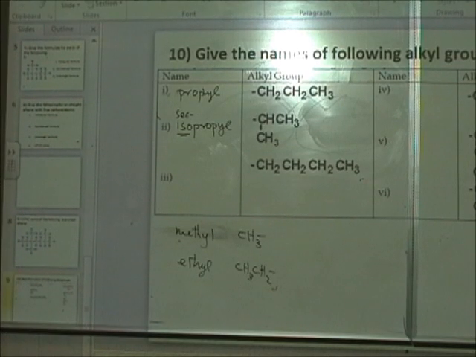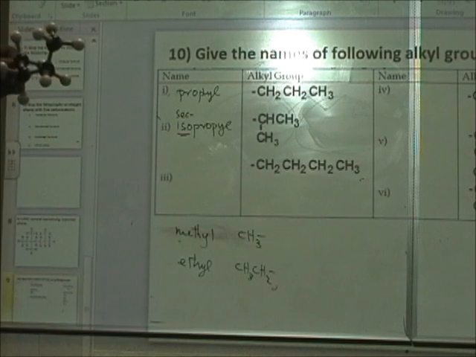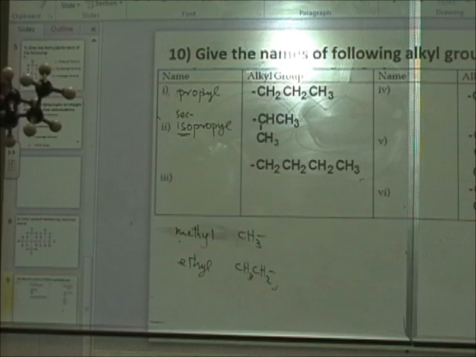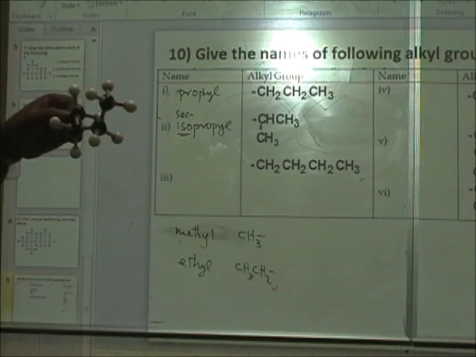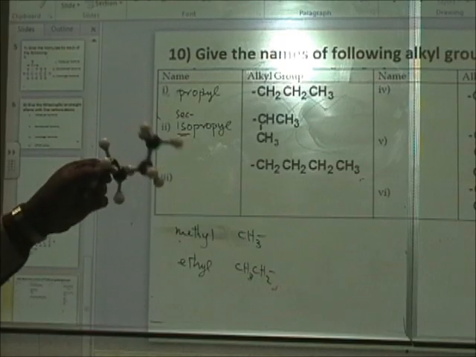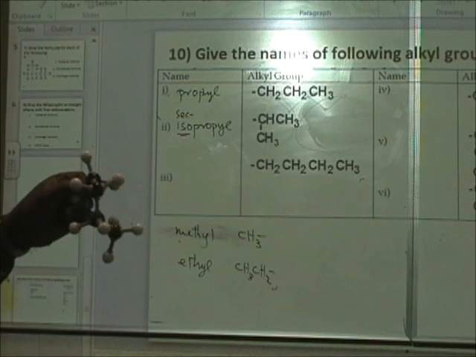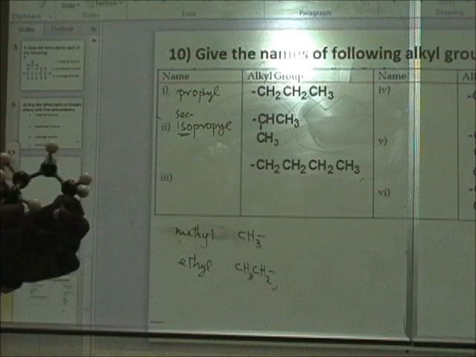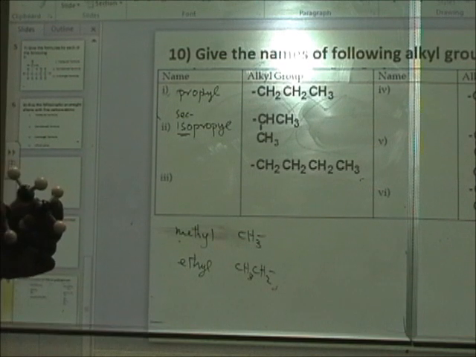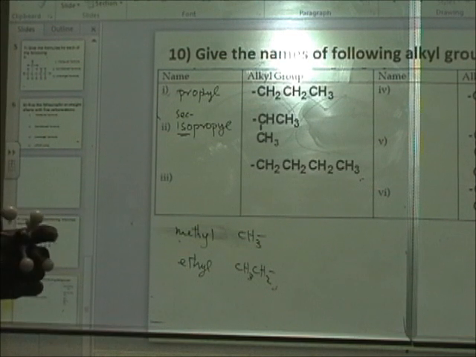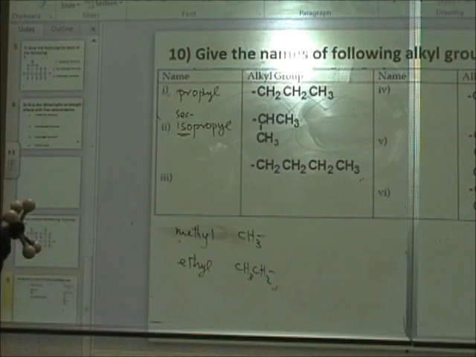Okay. Now let me explain again. Let me ask you this. How many primary carbon atoms are in here? Everybody got it? How many? What are primary carbon atoms? Tell me again. Bonded with only 1 carbon atom. Right. The terminal carbon atom is going to be primary. There are 2 of them at the end of the butane chain, right? The middle ones are CH2, CH2, CH3, CH2, CH2, CH3.